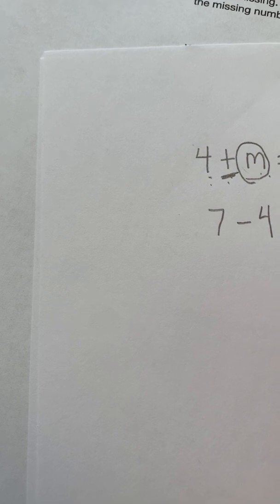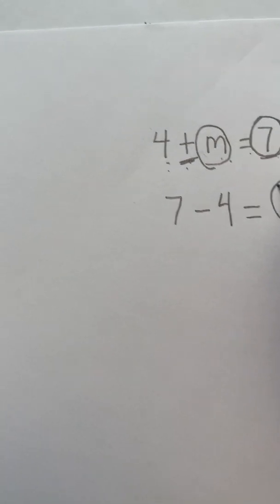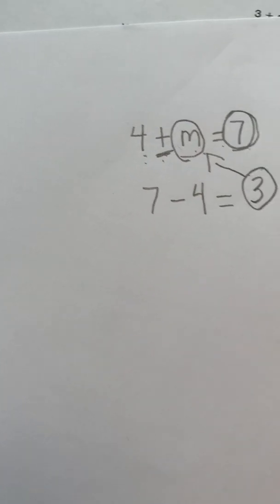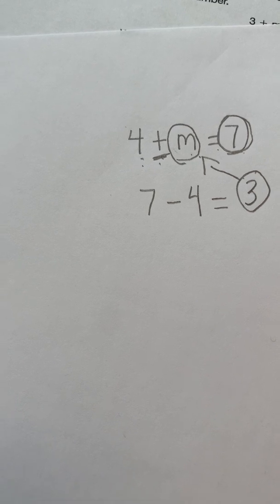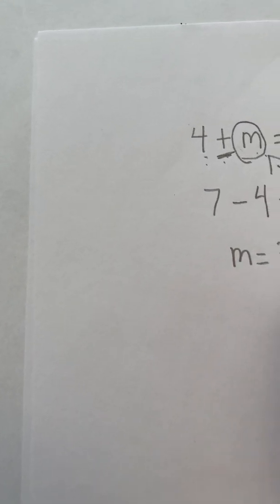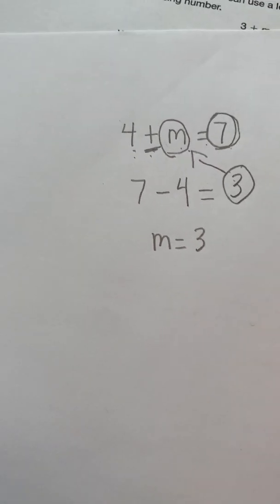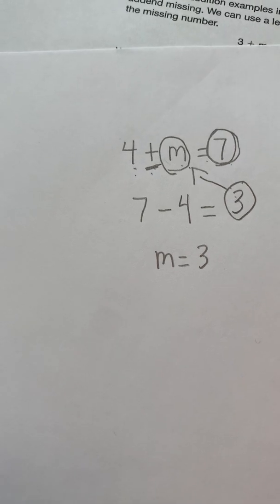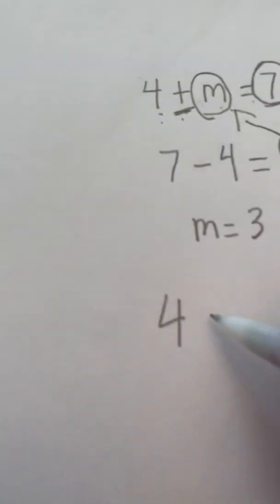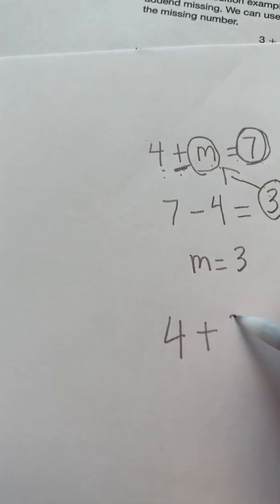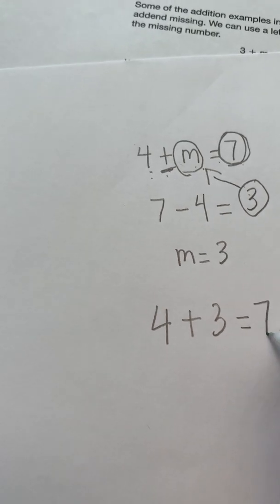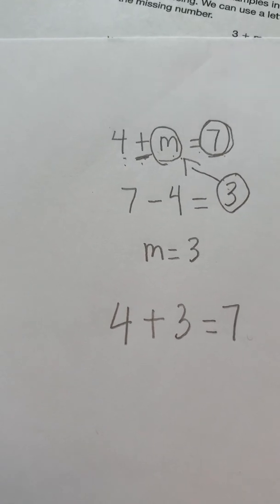Now I know that this 3 is going to replace this M. And then we're going to plug it in to see if it works. So M equals 3, and we plug it back into the original number sentence: 4 plus 3 equals 7.